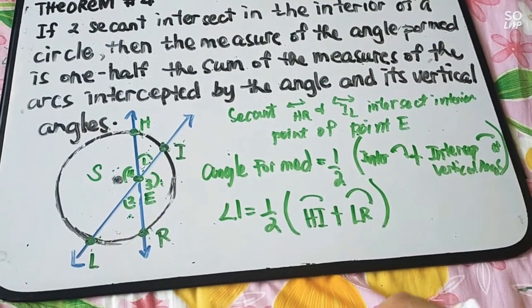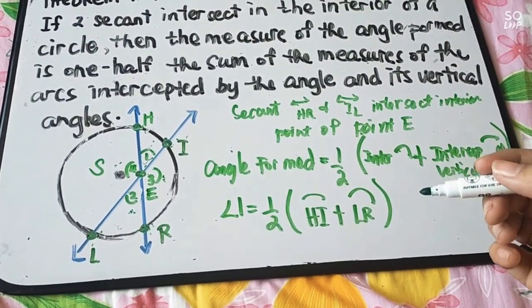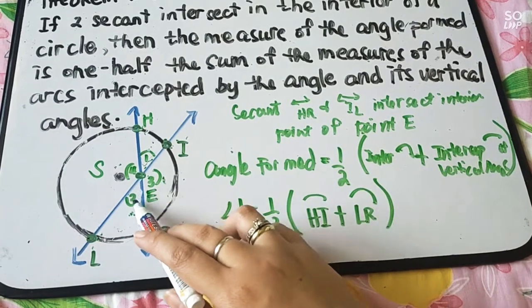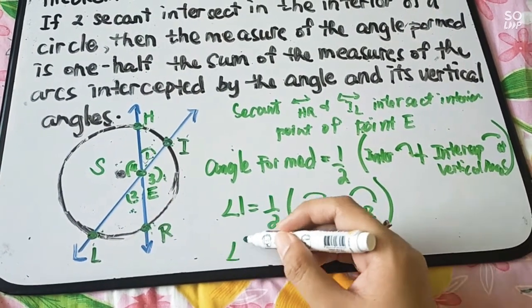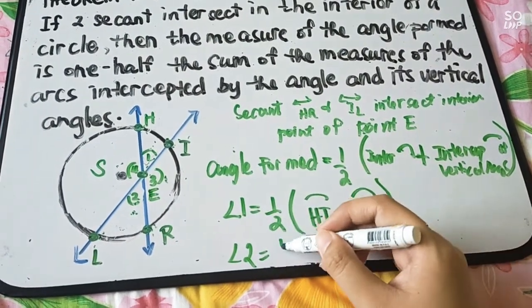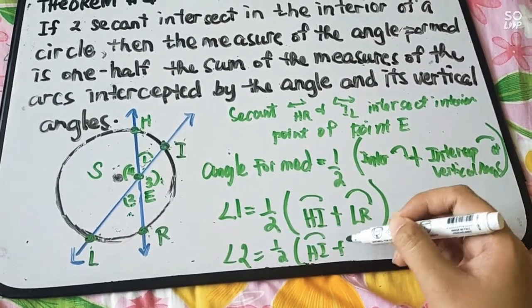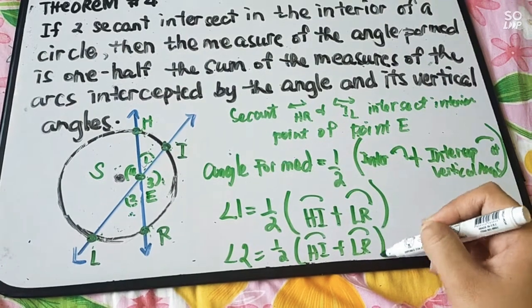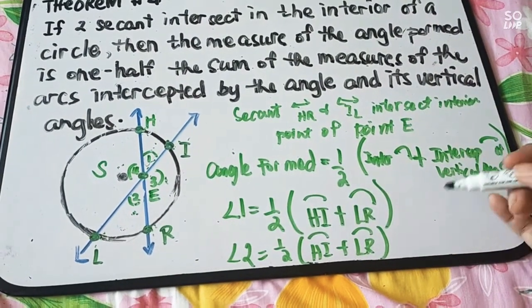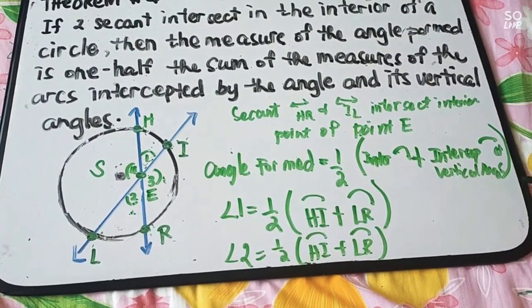So, if you use angle 2, it is the same: 1/2 of arc HI plus arc LR. Ma'am, why the same? Because they are equal. They are vertical angles. Is it clear?